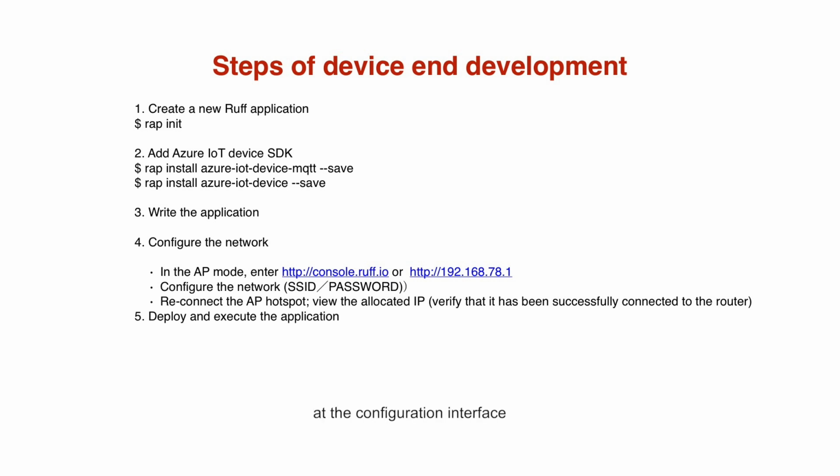After entering it, at the configuration interface, we can configure this network. Type in SSID and the password, and then submit. After half a minute or so, we log into this configuration interface again, and now we can see the allocated IP, which proves that the current Ruff development board can be connected to a router, and it can access the internet now.